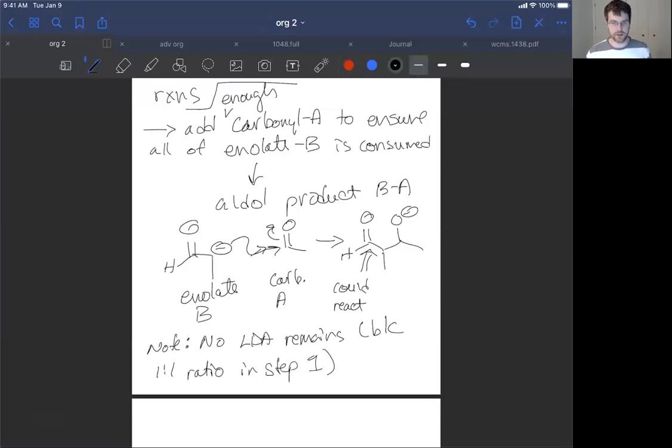So we don't have any LDA remaining, which means that when carbonyl A is added, there's no base around to react with that aldehyde and generate enolate A, which would be undesired for us in this particular instance. Okay. So then step 3, add H plus and make product.